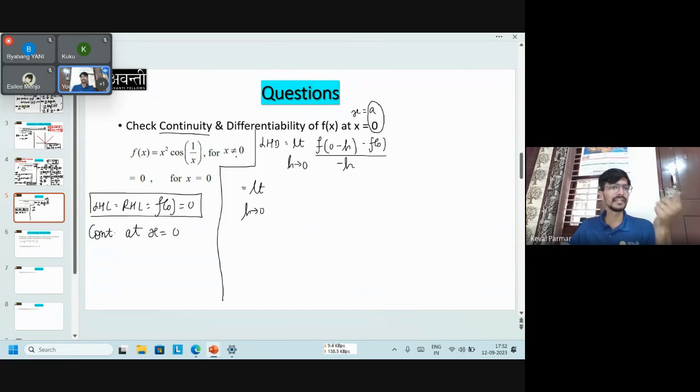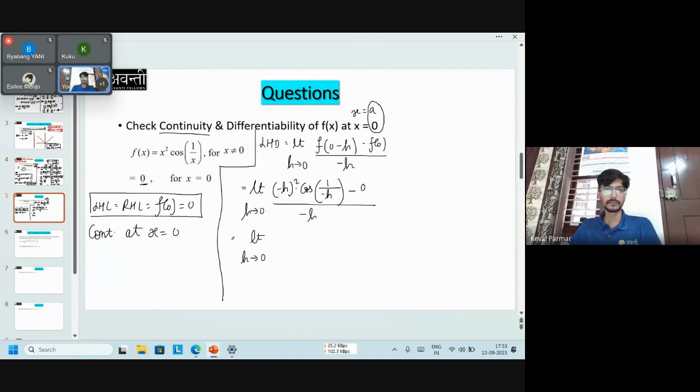There is no left side and right side, so we'll simply use this definition for both. f of 0 minus h means f of minus h, which is minus h square cos of 1 upon minus h, minus f of 0 which is 0, upon minus h.